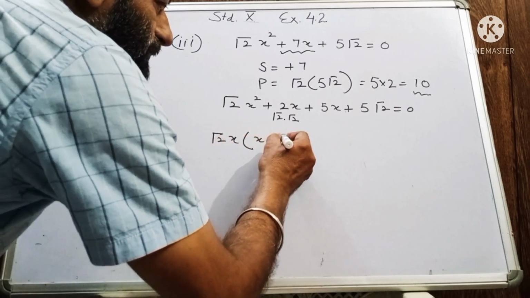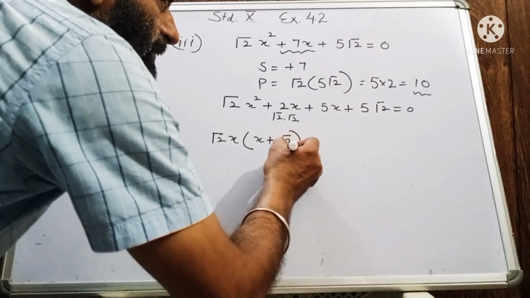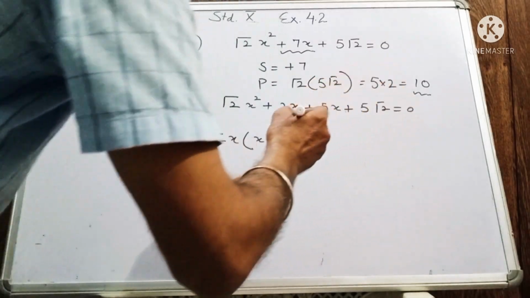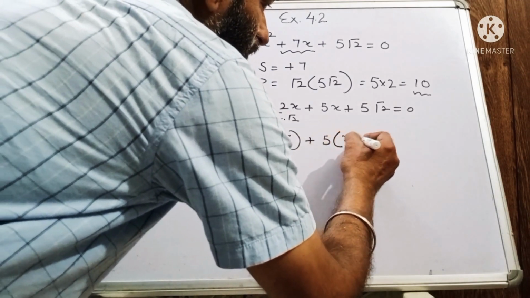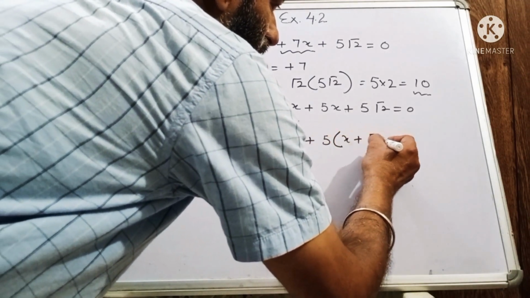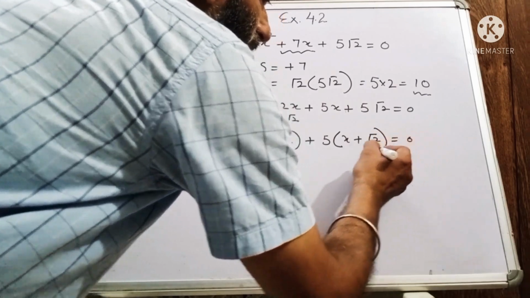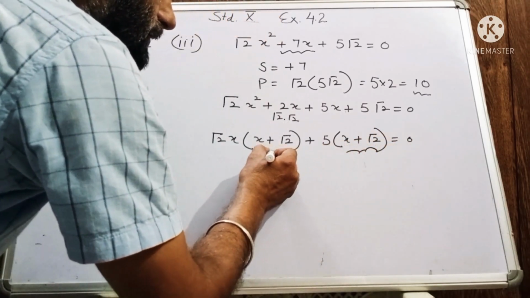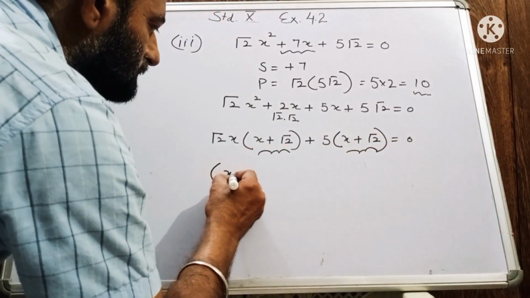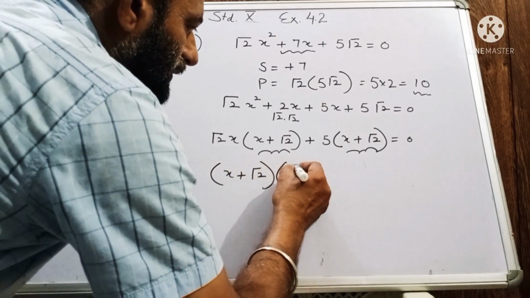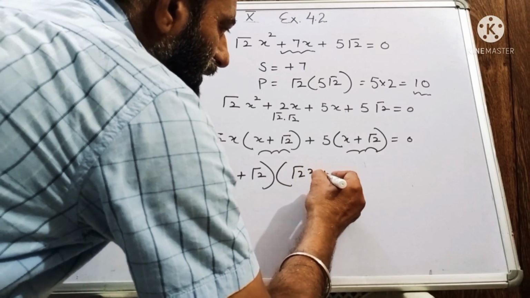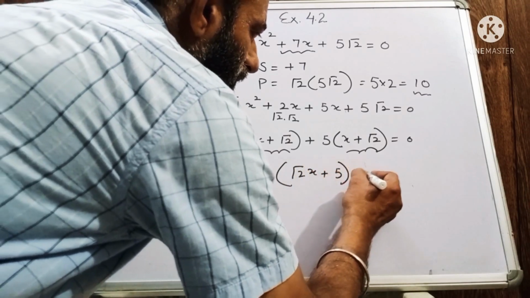X plus under root 2. Now from the last two terms, 5 is common. What is left? X plus under root 2 is equal to 0. Now x plus under root 2 is common. What is left? Under root 2x plus 5 is equal to 0.